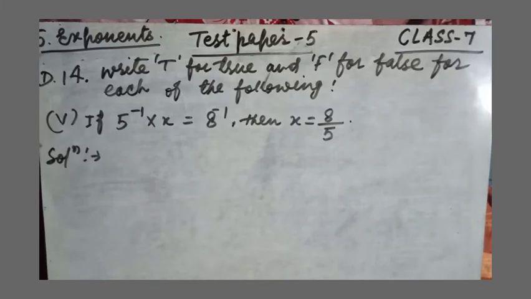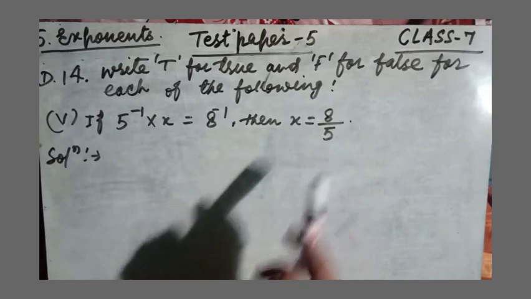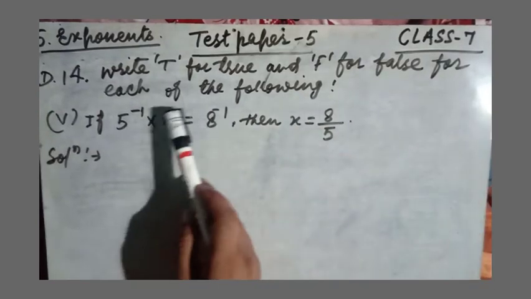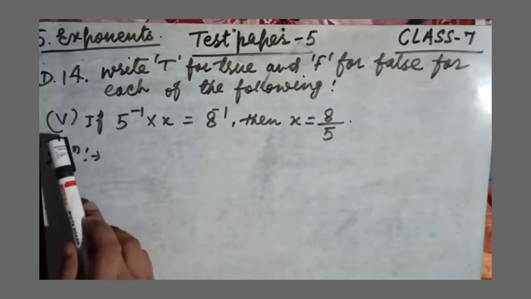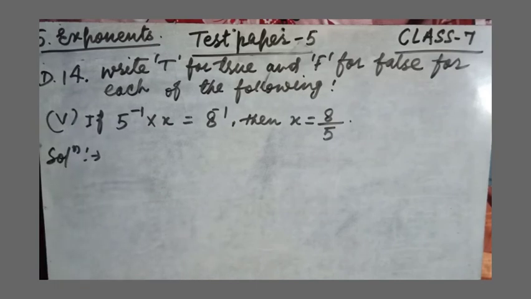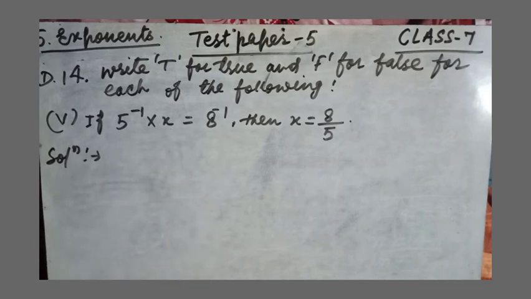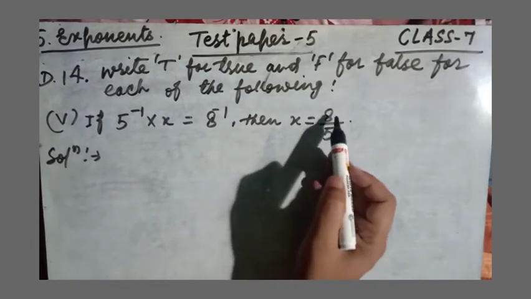Now friends, see the last question, a very interesting question, question D, group question. Question number 14 says write T for true and F for false for each of the following. Now we have taken sub question 5 of question number 14. If 5 raised to power minus 1 multiplied by x is equal to x raised to the power minus 1, then x is equal to 8 by 5.